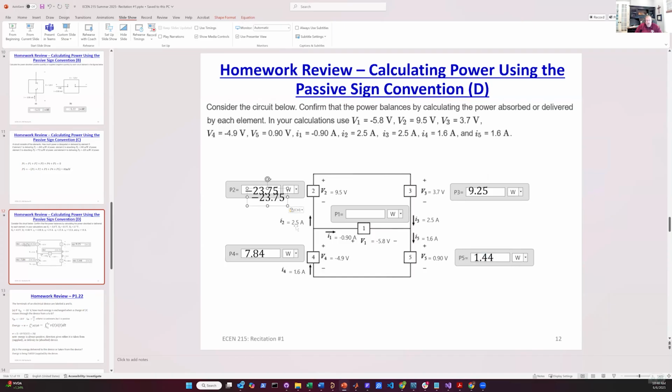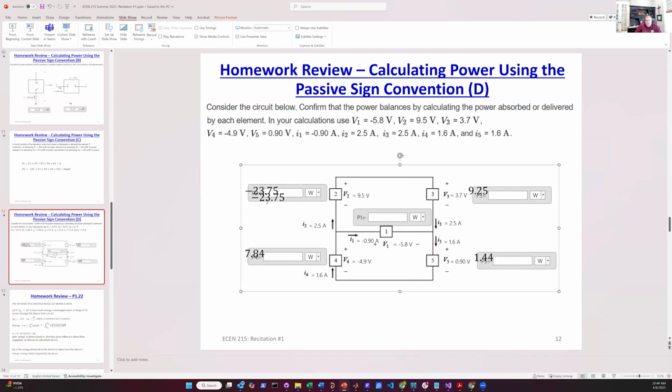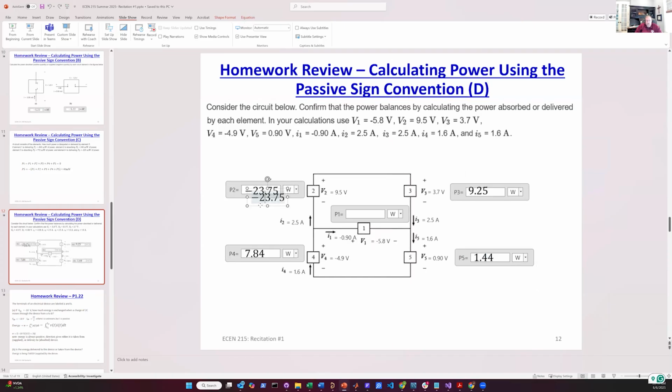And then P1, we have minus 0.59 amps coming in the positive terminal, but we have a potential of minus 5.8 volts with reference to the positive terminal. So minus 5.8 times negative 0.9 ends with 5.22 watts. All right. Anyone had any questions on this?